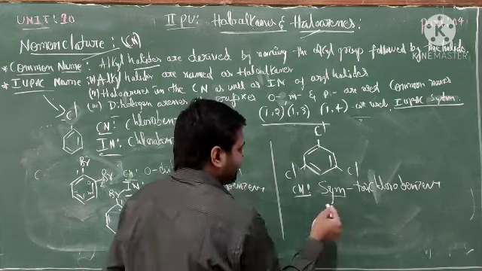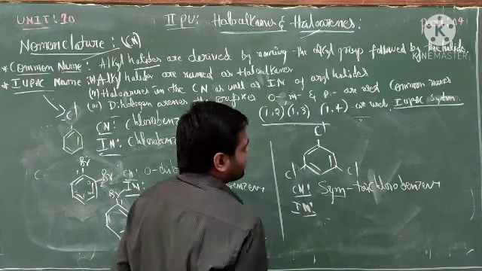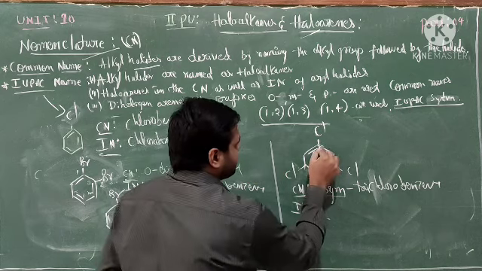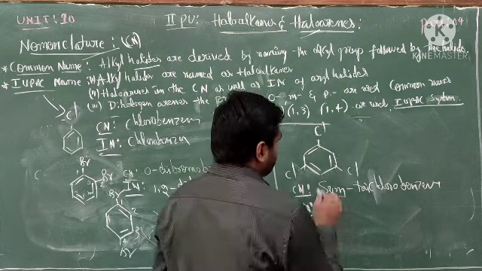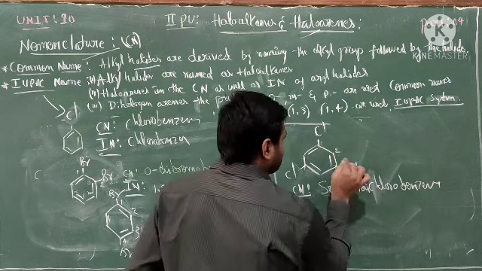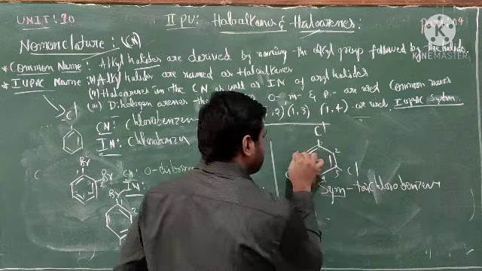For the IUPAC numbering, consider this as carbon atom 1, then 2, 3, 4, 5, 6.